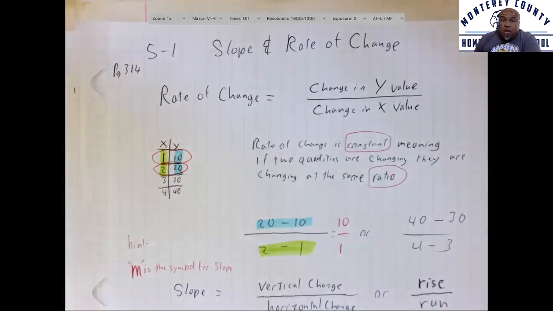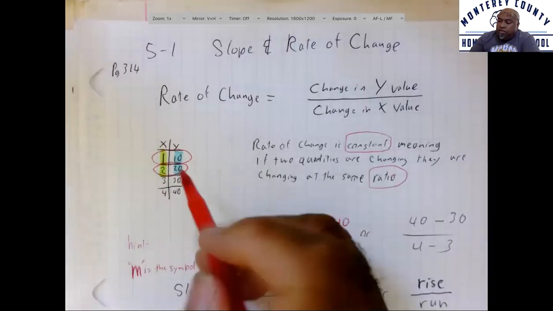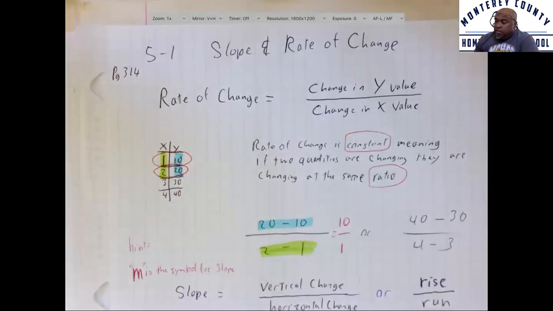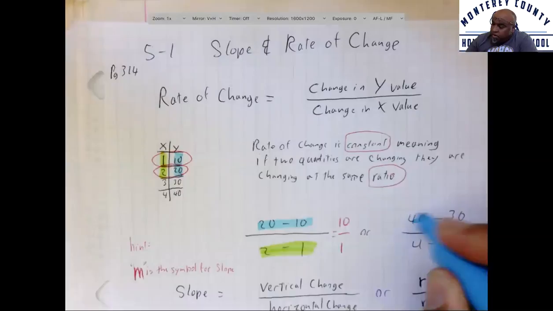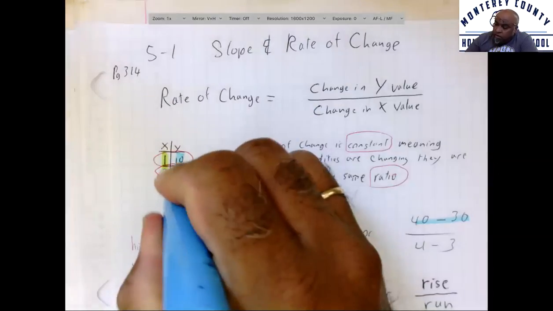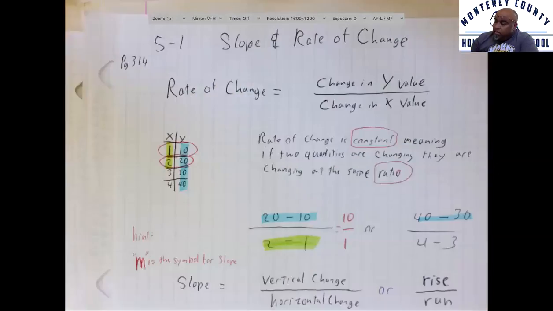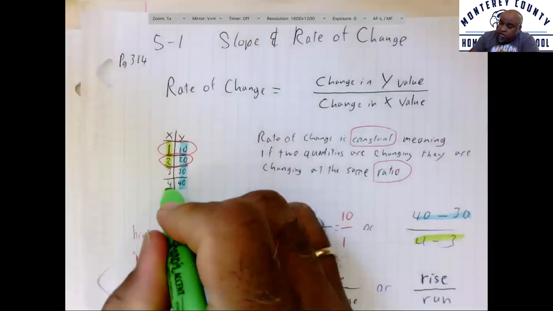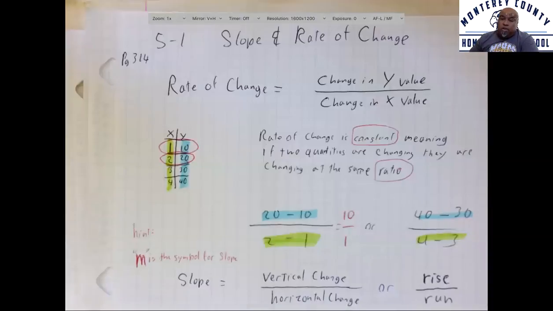Now the question is, if this particular table is a function, then this should work with the next numbers. So the next numbers are 40 minus 30 and 4 minus 3. I'm color coding it because I just want to connect the work we're doing to the table we're getting the information from.